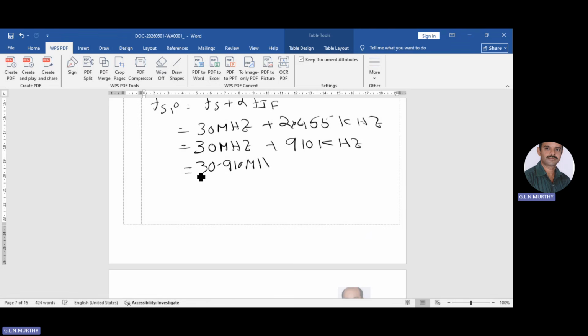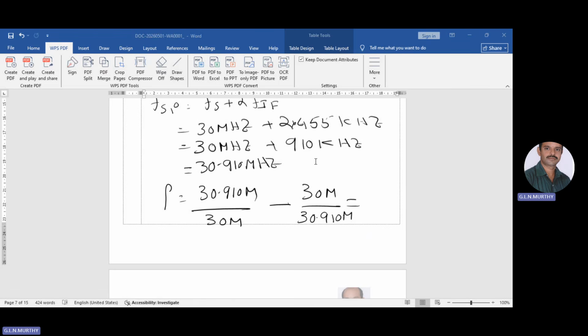30.910 megahertz. Not alpha, we have to estimate rho first. What is rho? 30.910 mega by 30 mega minus 30 megahertz by 30.910 megahertz, which is nearly equal to, you verify once, 0.059 roughly.